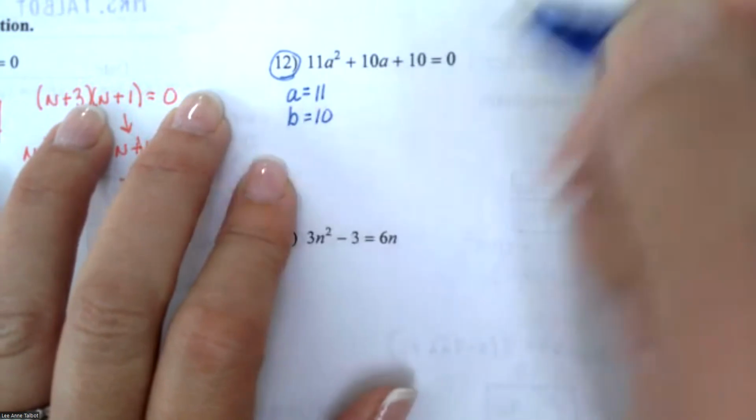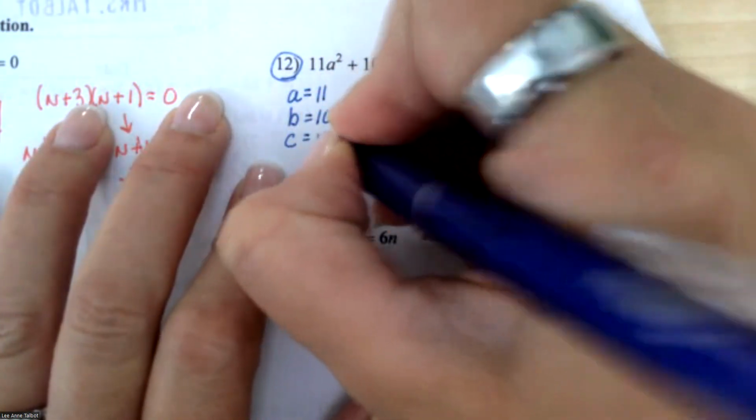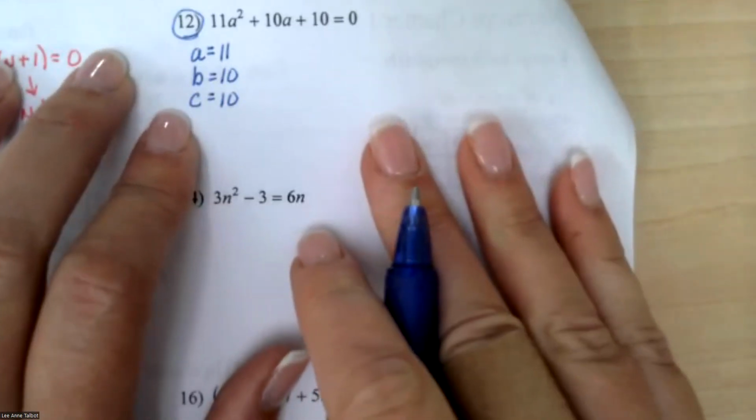A equals 11, B equals 10, C equals 10. This is probably the spiciest problem we're going to do all day, just so you know.